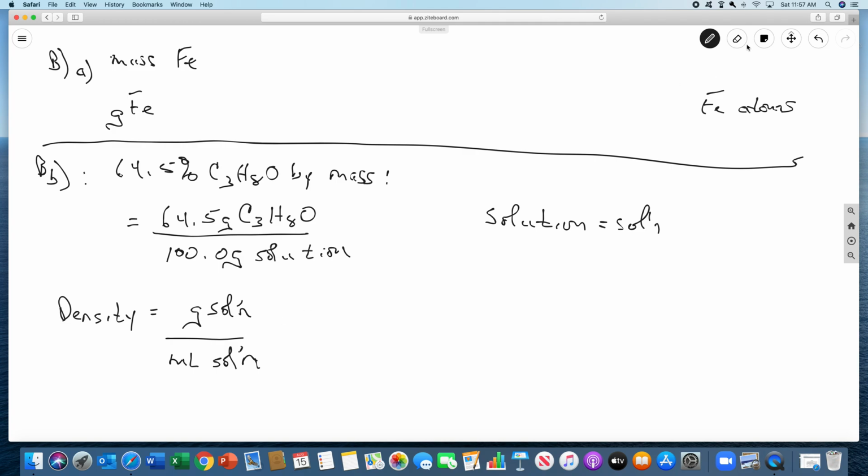Because you'll calculate it. Now the rest of it, get a good look at this because I'm going to erase. All right, so the rest of it, the idea is this.